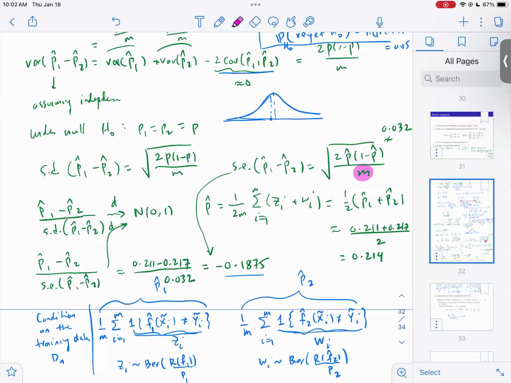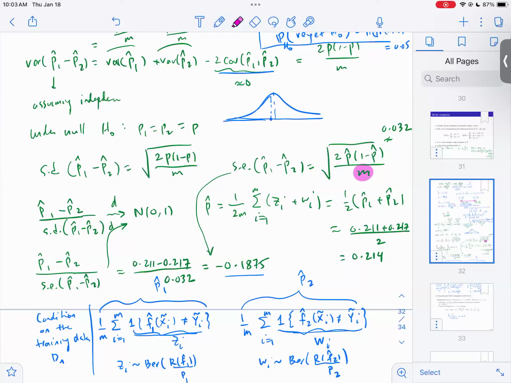That would be the probability that Zi is 1 and Wi is 1, which is the expectation of Zi times Wi, minus the expectation of this times the expectation of this, which is P hat 1 times P hat 2. That one you already know, but you have to compute an extra thing, which is how many times these make mistakes at the same time. And that gives you the covariance.